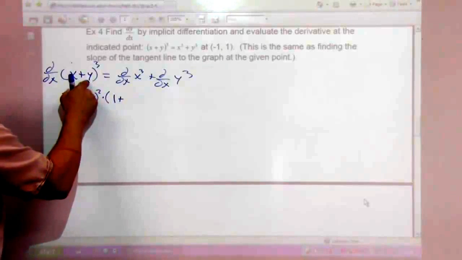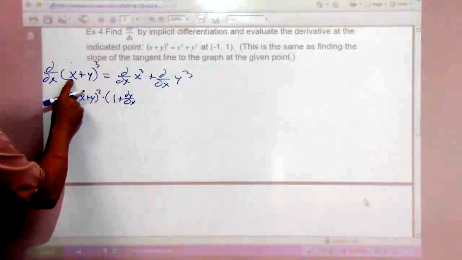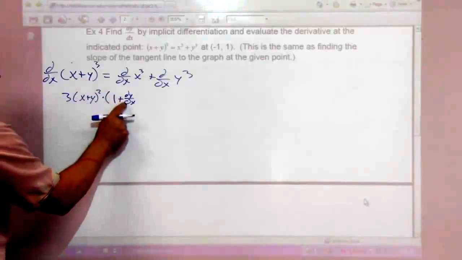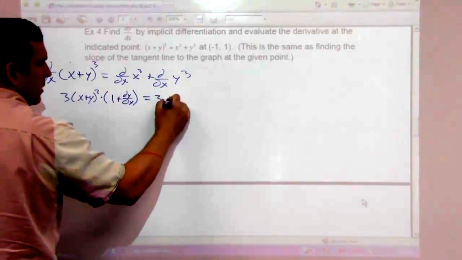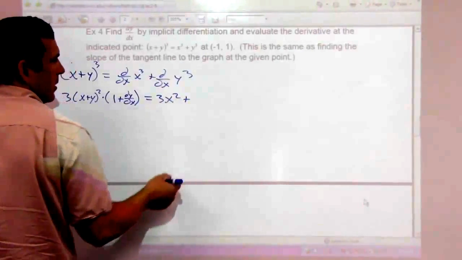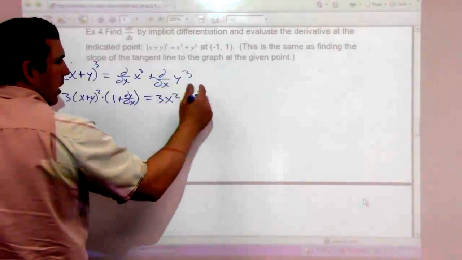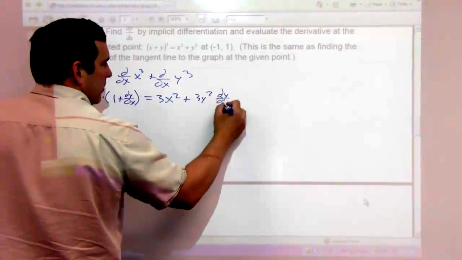The derivative with respect to x of y is dy/dx. So this derivative is the 1. This derivative is dy/dx. Equals, this becomes 3x^2, the derivative with respect to x of x^3, plus the derivative with respect to x of y^3 becomes 3y^2 dy/dx.